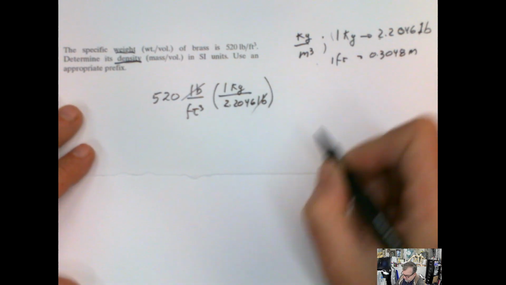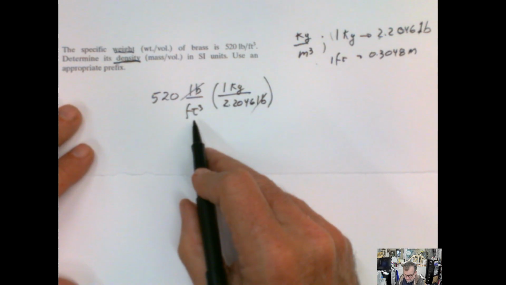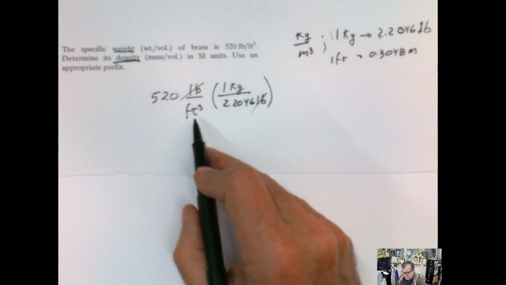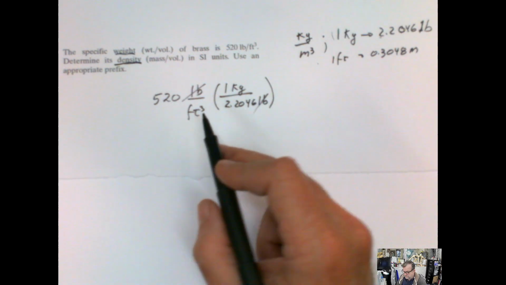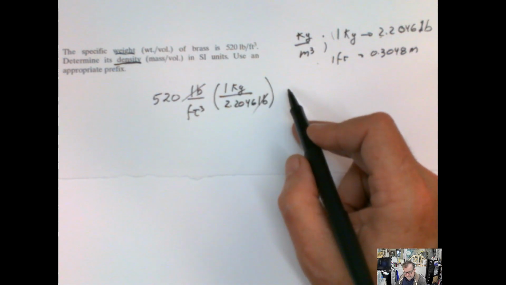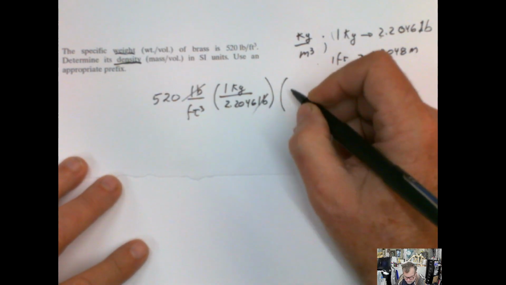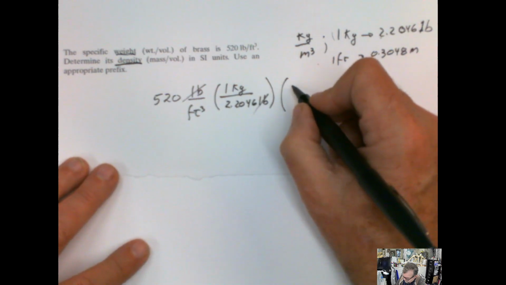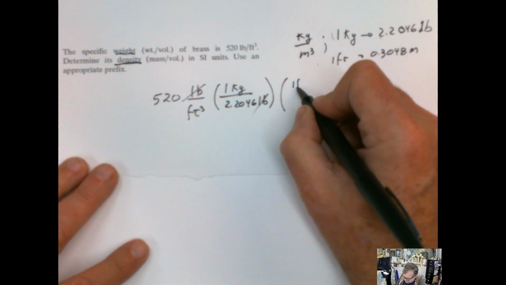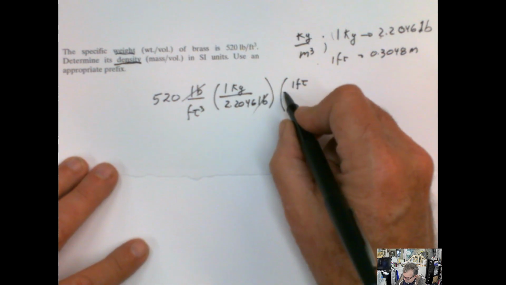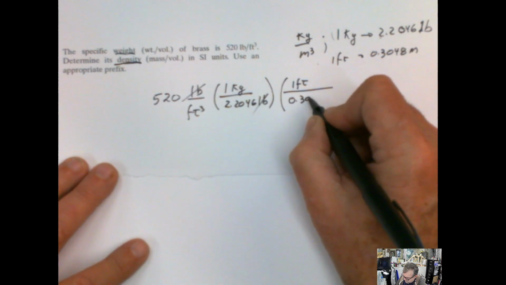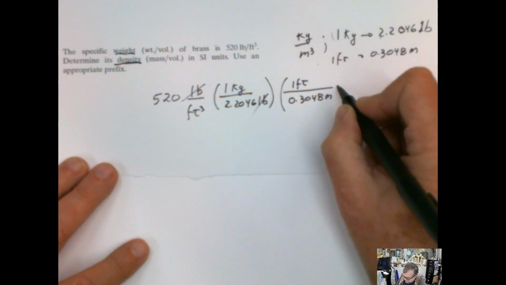0.3048 meters. Now feet is in the denominator. That means that the factor that I'm going to be placing in this part has to be in the numerator. So then I'm gonna put here 1 foot, which is equivalent to 0.3048 meter.